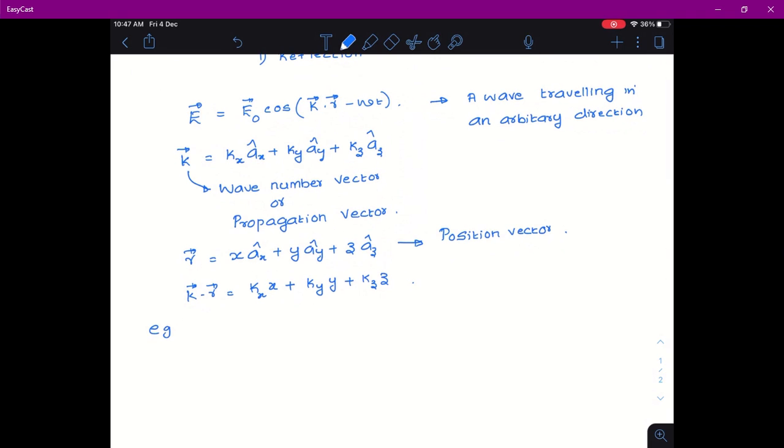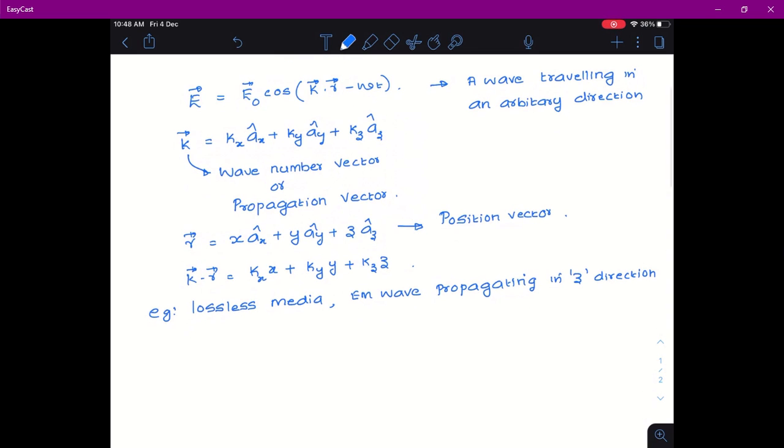So for example, in a lossless medium with an EM wave propagating in the Z direction, kz is equal to beta, and all the values of x and y will be 0, because it is in the Z direction.